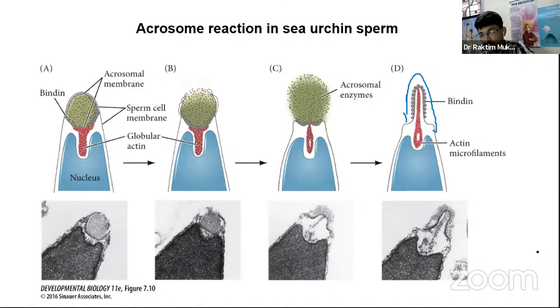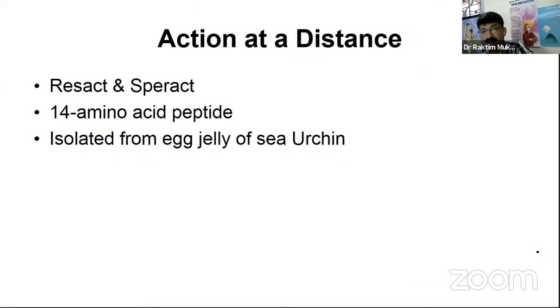Remember these two areas, several questions are asked. Just to give you an idea, I will project a few of them. Both resact and speract are 14 amino acid peptides, and they have been isolated from the egg jelly of sea urchin.